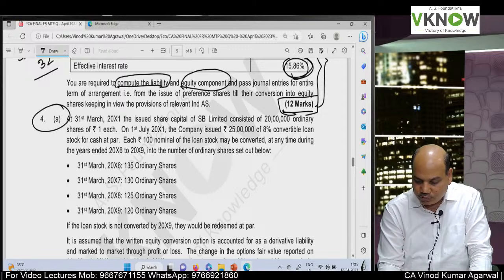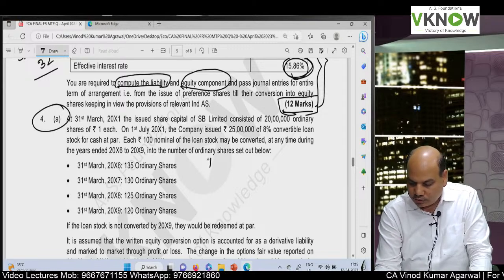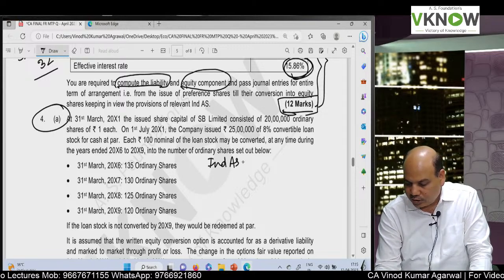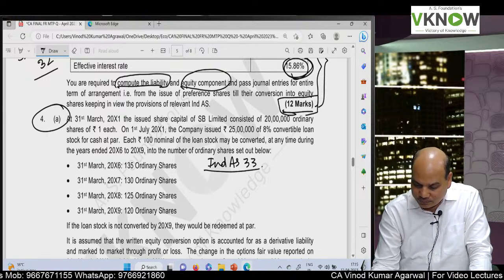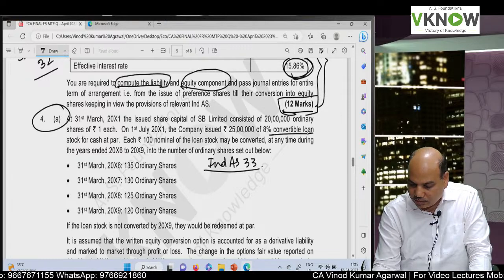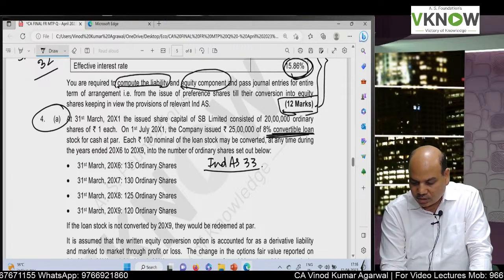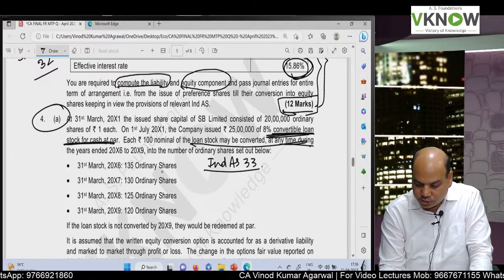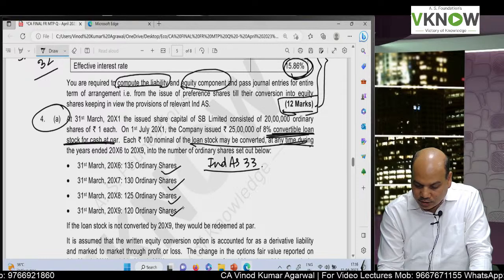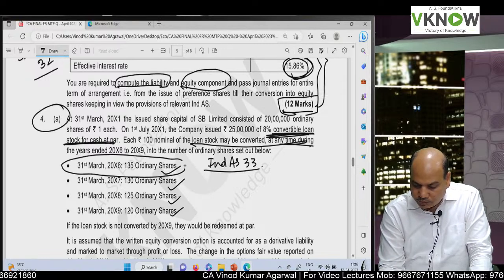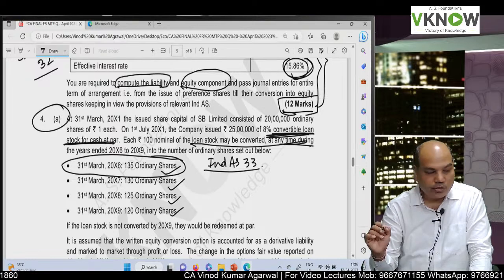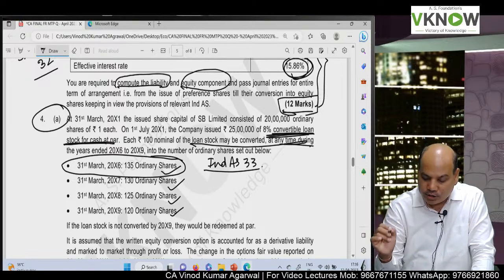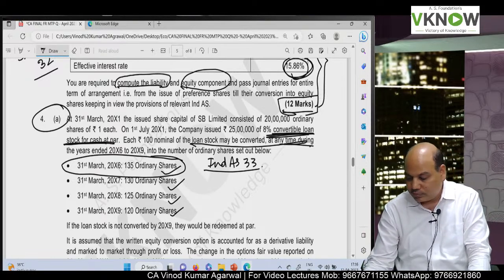Question number 4A was on Ind AS 33, and in this question there is a convertible loan, and you can convert this loan at any time during the next 4 years. So the student has to decide that out of this, which conversion ratio I will consider for the purpose of calculation of EPS.